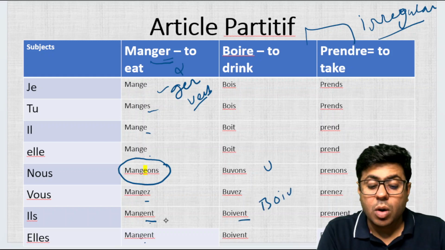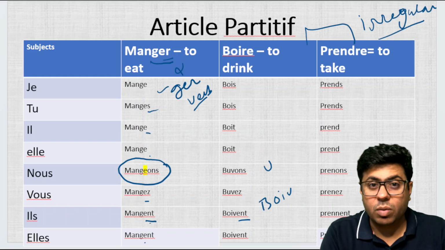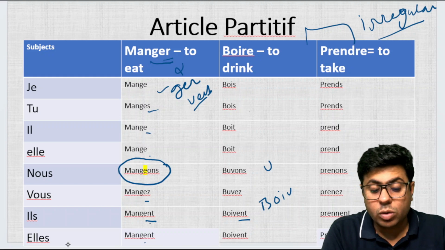Don't take the other sound. It's only il mange and elle mange. And in boire, il boit, elle boit. Keep noting this point, so in future it will really help you not make any mistake.